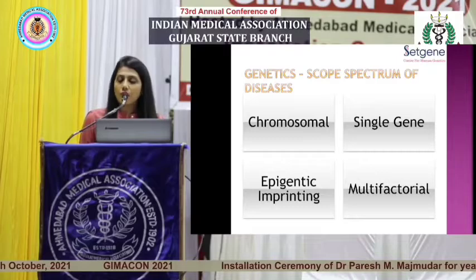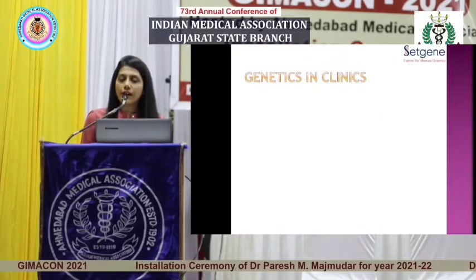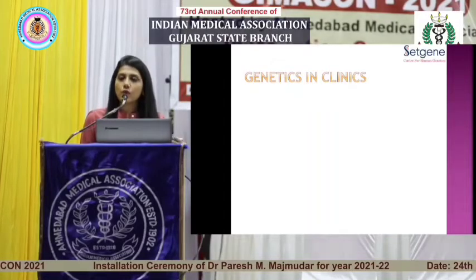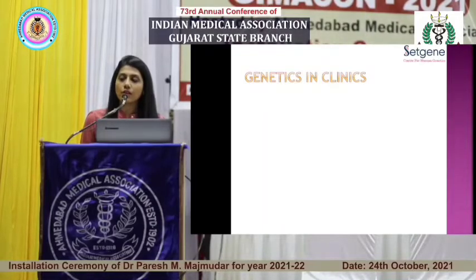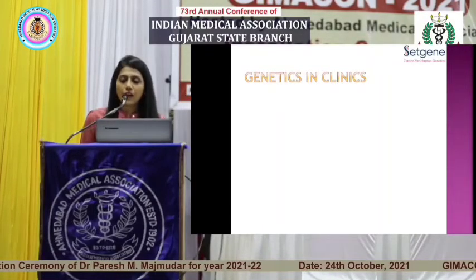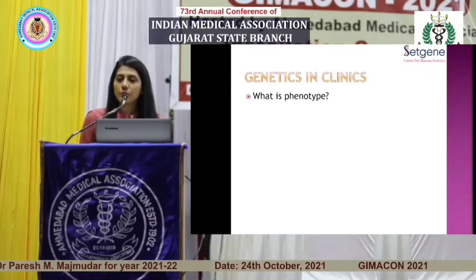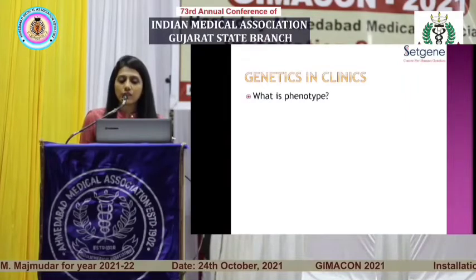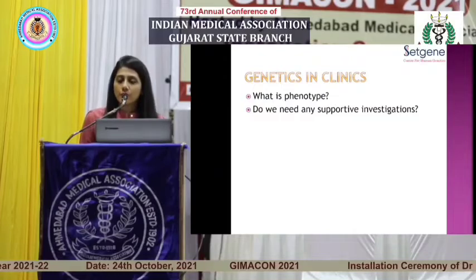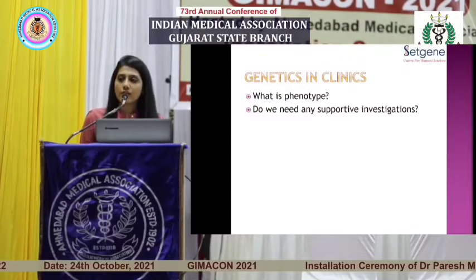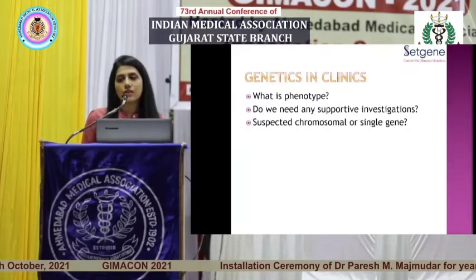Now let's see how we can apply genetics in clinics. Whenever we have such patients, we first go through the history, clinical examination and pedigree charts, and we have to define the phenotype of the patient. Once we have the phenotype, the next step is to decide which supportive investigations might be needed. Then, if it fits into a genetic disorder, we decide whether it is a chromosomal or a single gene disorder.